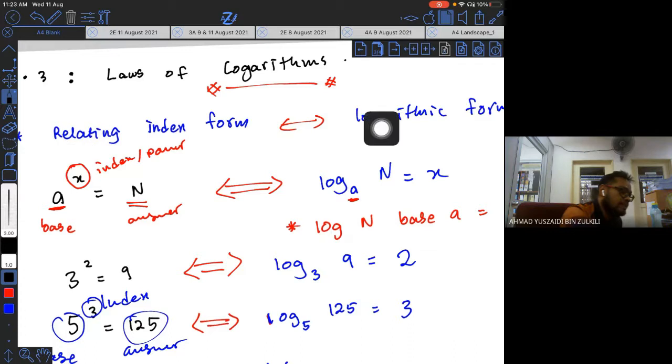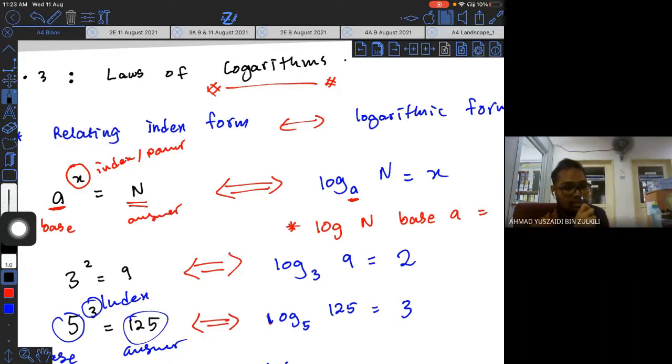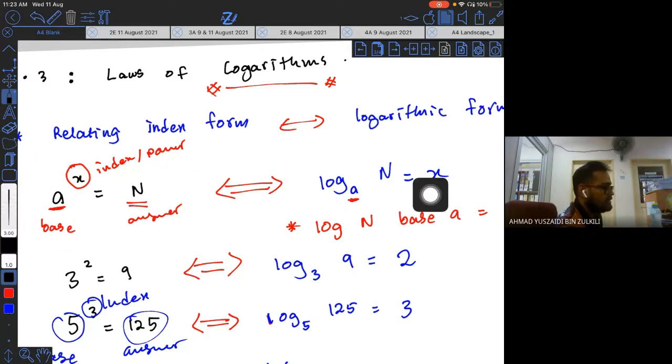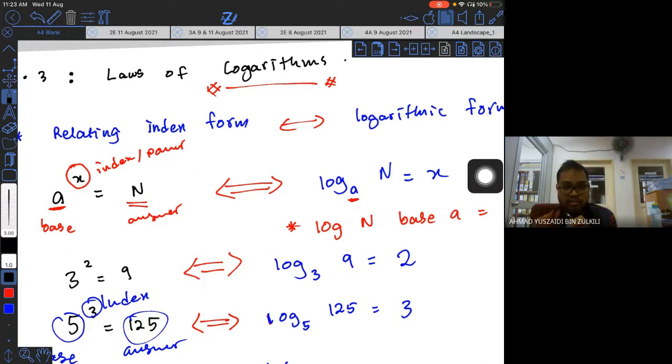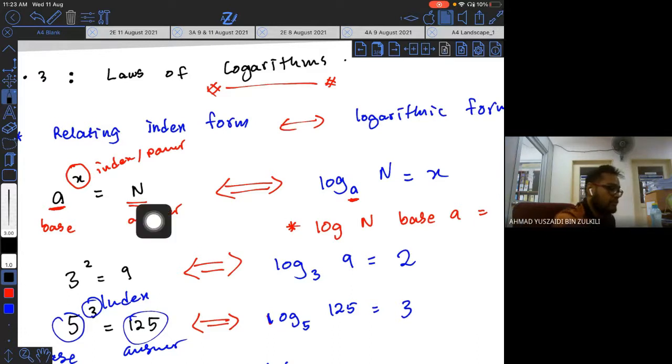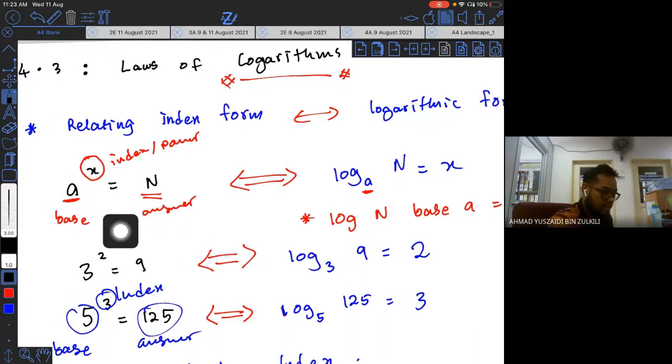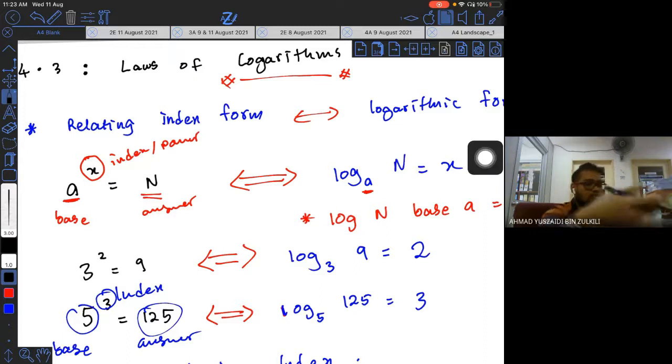This is the most important, because as I remember, this one is not in the formula list. It is not stated in the formulation, so you need to remember it on your own. It's simple to remember, okay? You need to remember these golden rules: from log to index, from index to log.